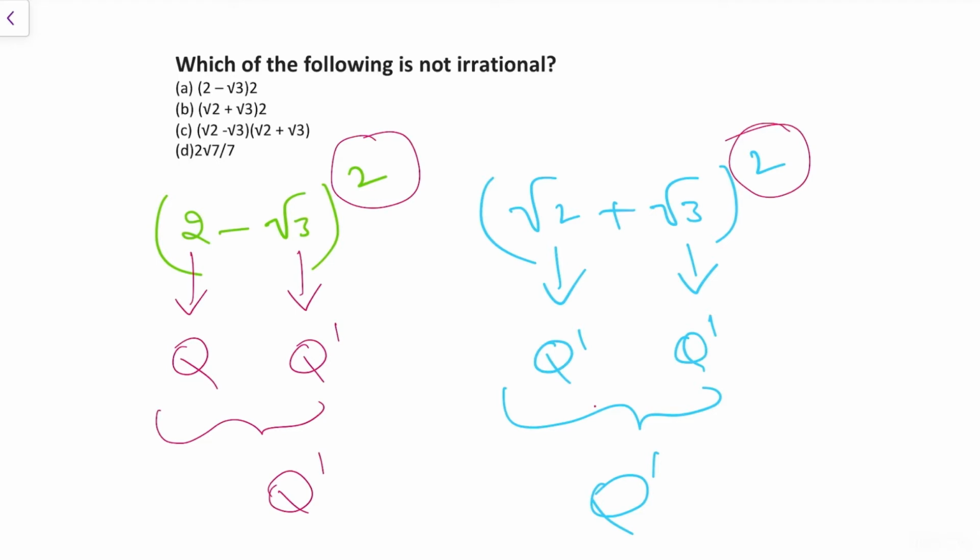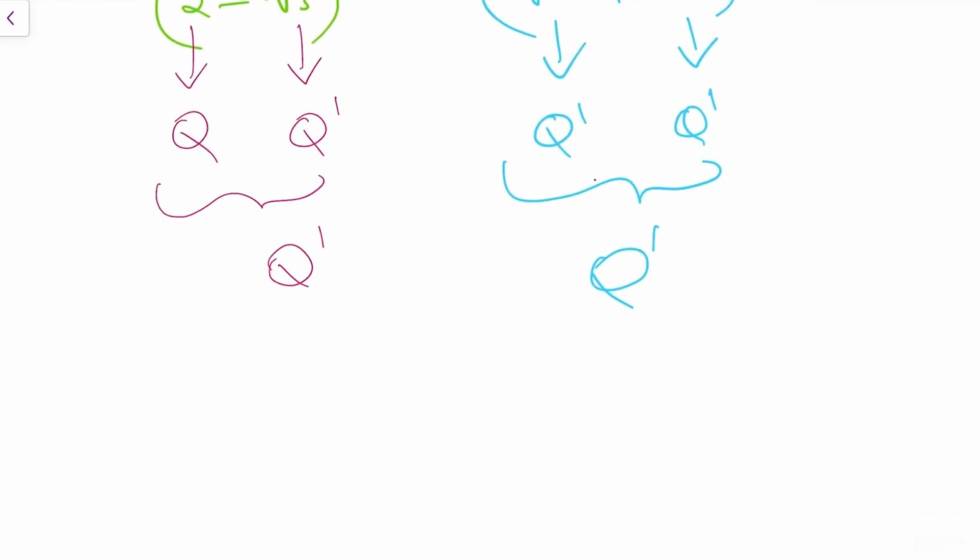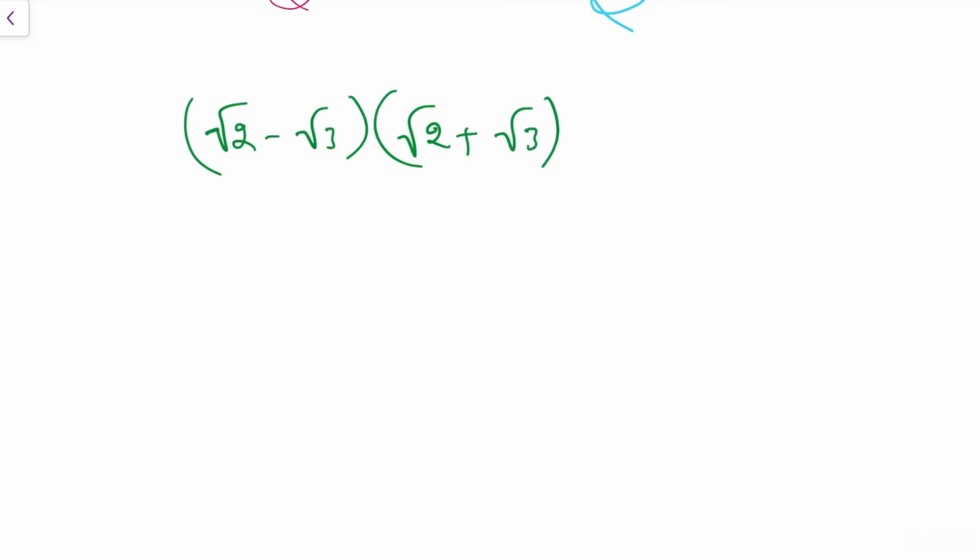Next, coming to option number 3, root 2 minus root 3 times root 2 plus root 3. Now if we observe this question clearly, it is in the form of a minus b times a plus b. So a minus b into a plus b is equal to a square minus b square. Here in the place of a we have root 2 and in the place of b we have root 3.